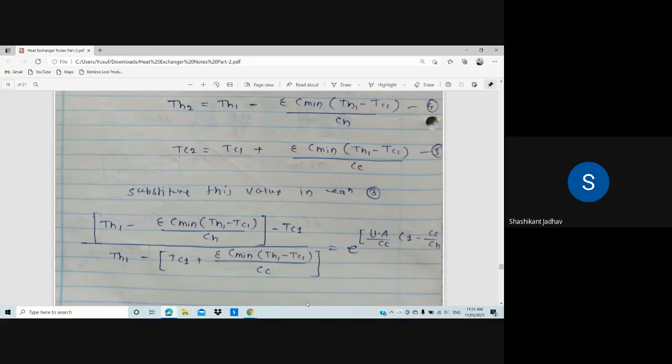So what is the value of Tc2? Th1 minus bracket Tc1 plus epsilon into C minimum into bracket Th1 minus Tc1 divided by Cc. Okay, and what is the right hand side of that equation number 3? It is equal to e raised to U into A divided by Cc into bracket 1 minus Cc upon Ch.